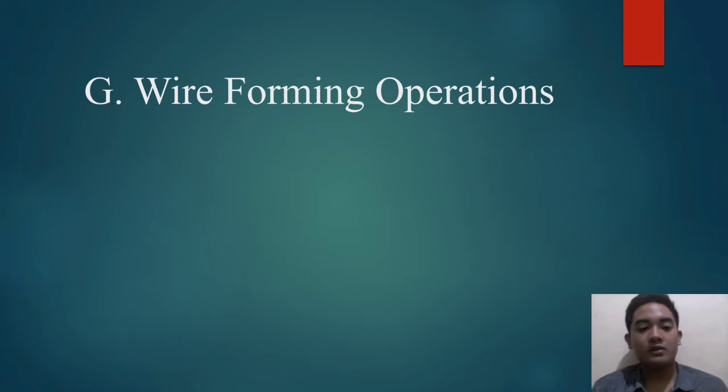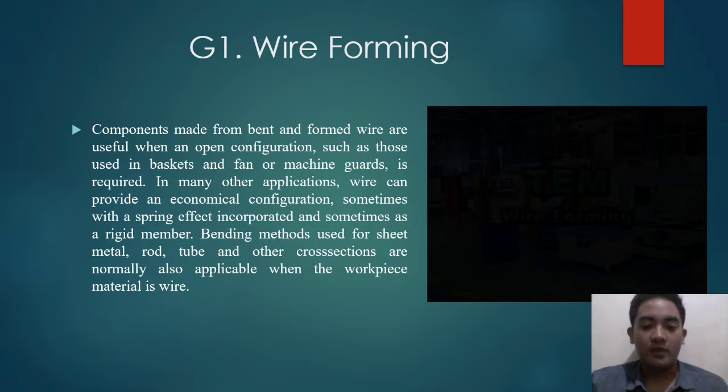Number one is wire forming operations. Components made from formed wire are useful when an open configuration, such as those used in baskets and fan or machine guards, is required.